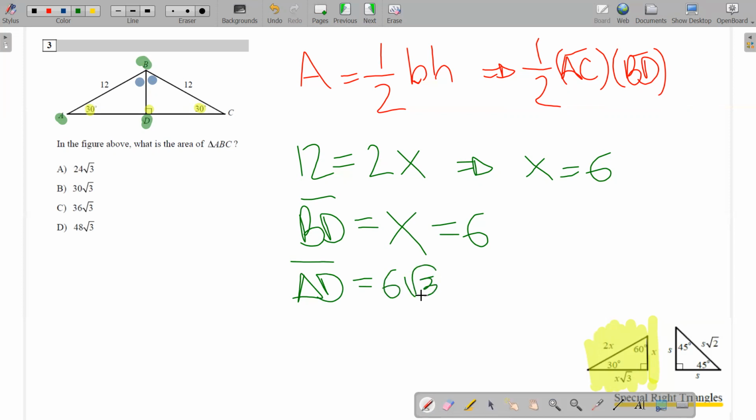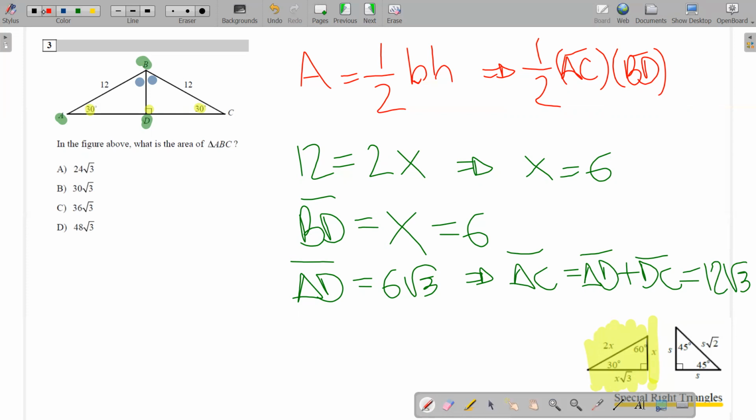That means that AC is equal to AD plus DC, and AD and DC are the same by the corollary of the isosceles theorem, so this one will be equal to 12 square root of 3.